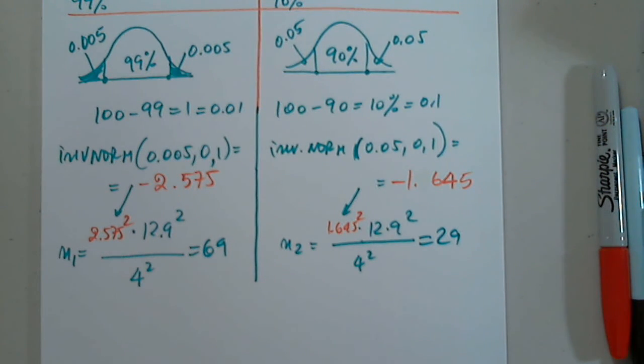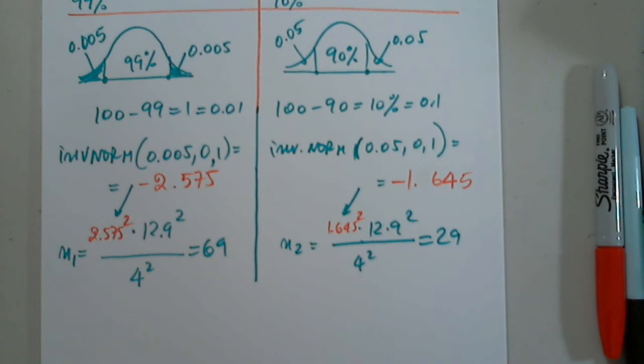Otherwise, the margin of error, 4, is not guaranteed to be 4. So that's the reason why we always, no matter what this number is, raise it by 1. So for 99, I got 69. And for the other one, 29.